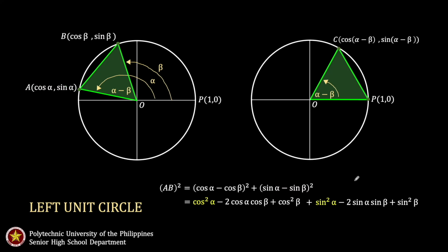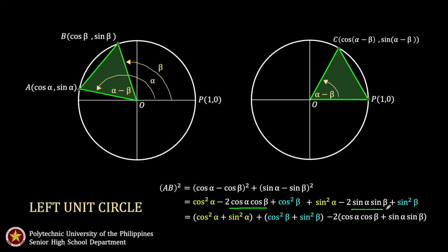Combining similar terms, we have cosine squared alpha plus sine squared alpha, and cosine squared beta plus sine squared beta, minus, let us factor out negative 2 on these terms. So we have minus 2 times quantity cosine alpha times cosine beta plus sine alpha times sine beta.